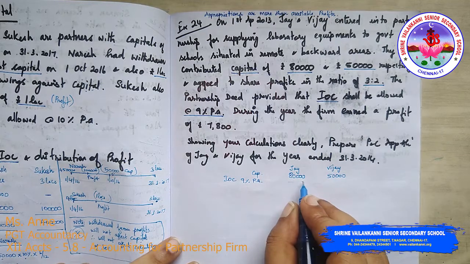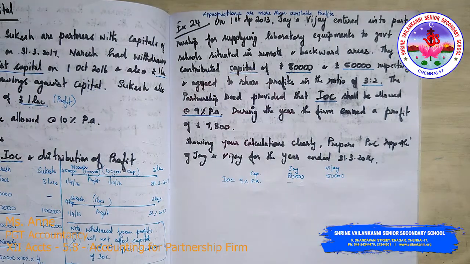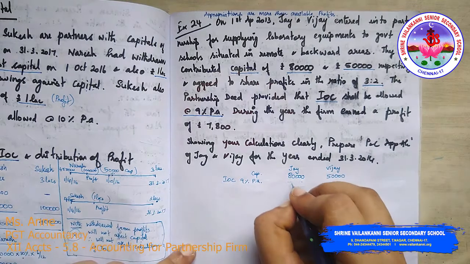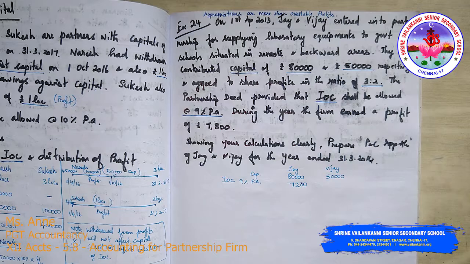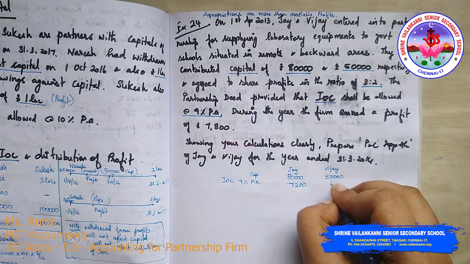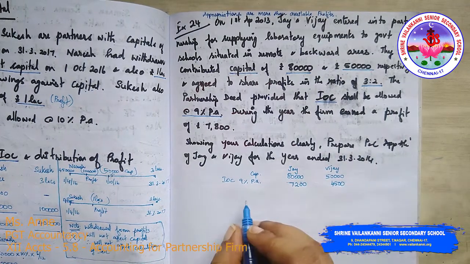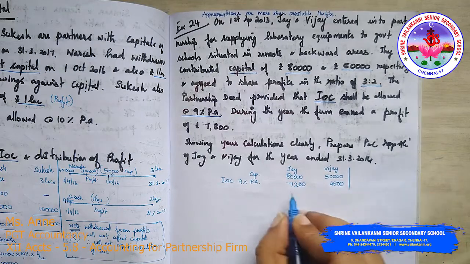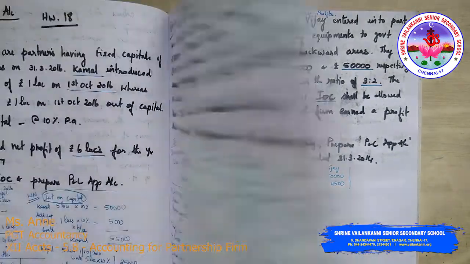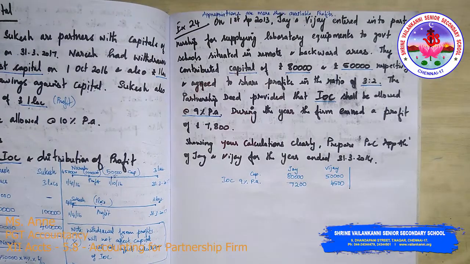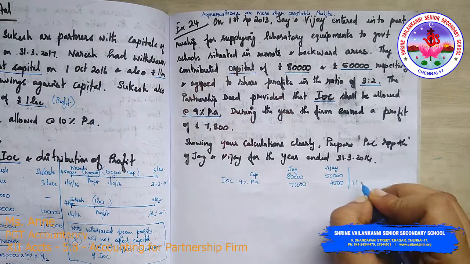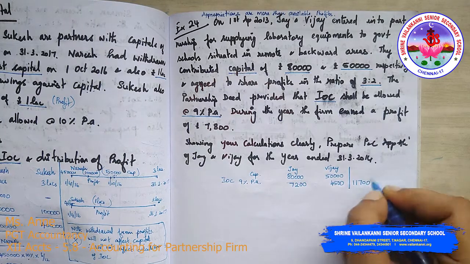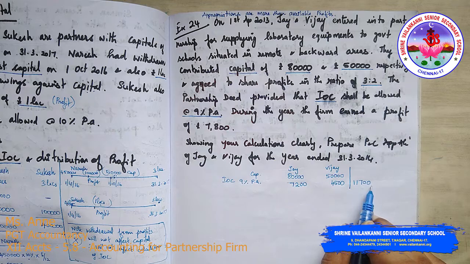If we calculate 9% on 80,000, I am getting 7,200. And if I calculate 50,000 into 9%, I am getting 4,500. So total interest on capital is 11,700. Am I right? So 11,700 is the total interest on capital.